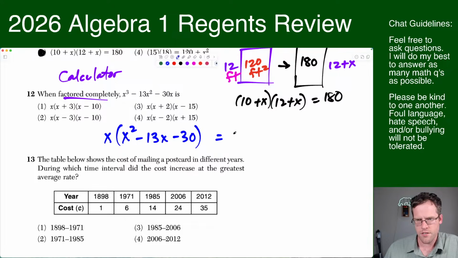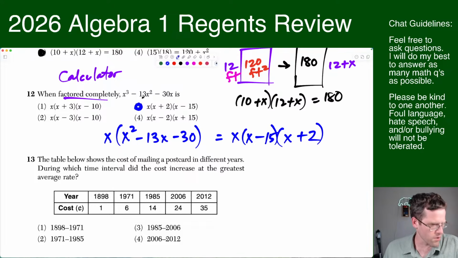And then I would factor this quadratic part into x, and then I'd have a minus and a plus because we're multiplying to a negative. And the numbers here would be 15 and 2. Reason being, negative 15 plus 2 is negative 13, and negative 15 times 2 would make negative 30. Okay, so we're looking for x times x minus 15 times x plus 2. It looks like choice 3. So 12 is choice 3.